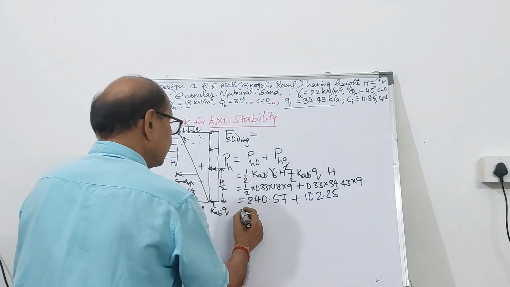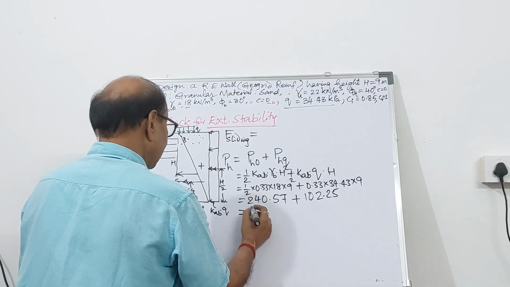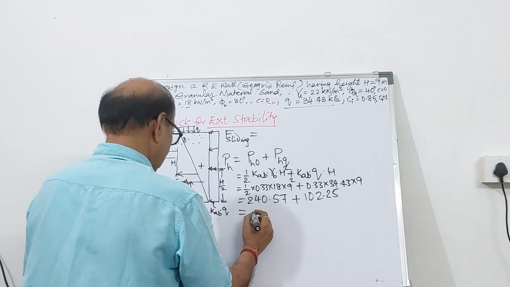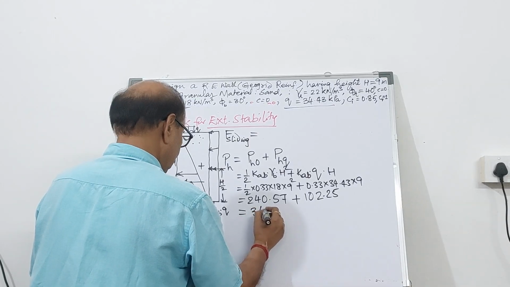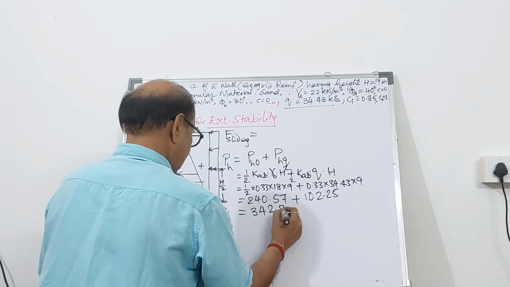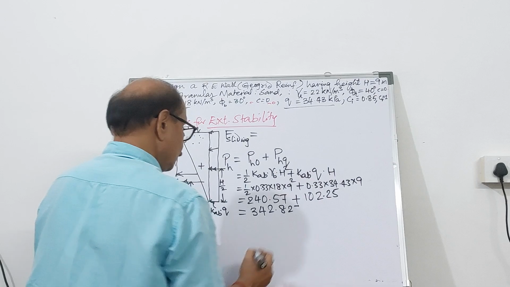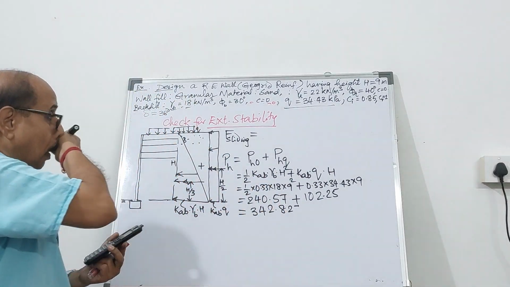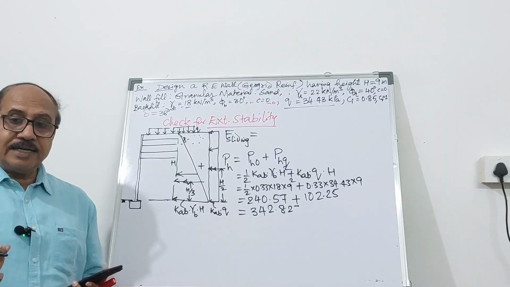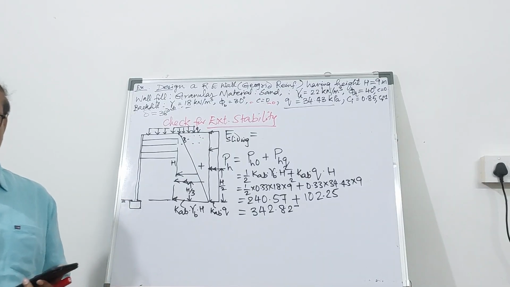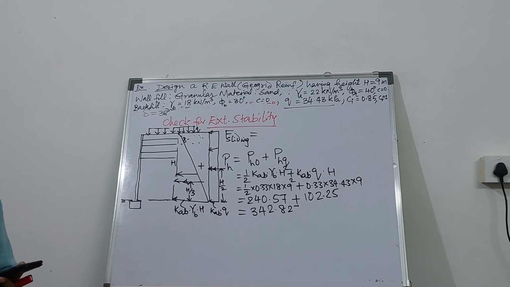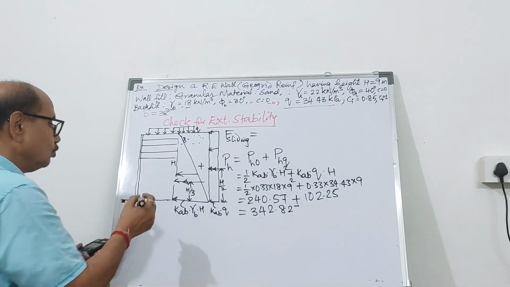So total pH, pH due to backfill, is going to be 342.82 kilonewton per meter. So that's the kind of force you are going to get it separately. And the factor of safety against sliding, you can find it out now.